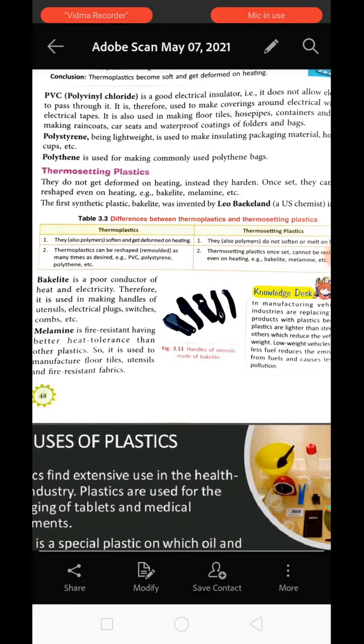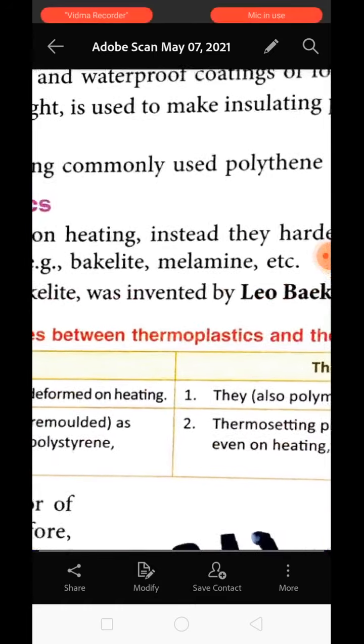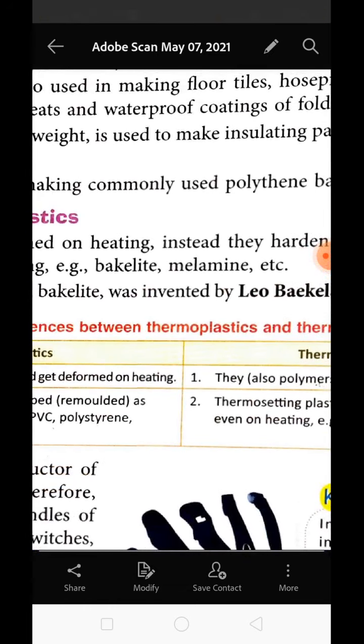Understood? So as we know that thermosetting plastics do not get deformed by heat, they instead become hardened. So once they are set into a particular shape, they cannot be changed. The shape cannot be changed on providing heat. Examples of thermosetting plastic are bakelite and melamine. Bakelite is very important.